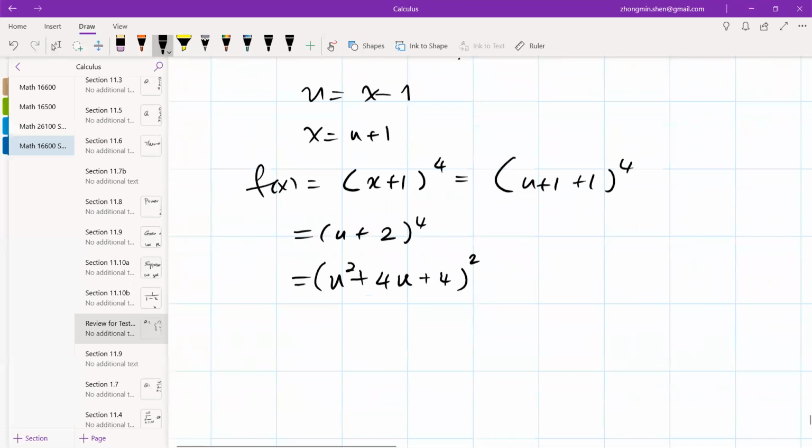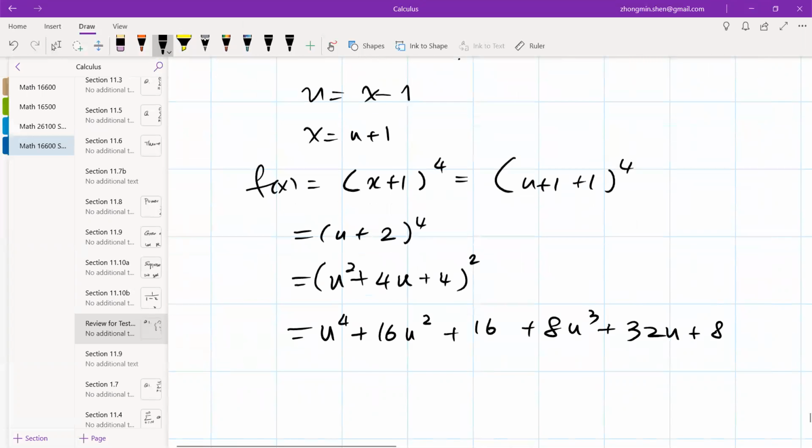Okay. So I get u to the fourth power. You multiply this out, and 16u squared and 16. That's the first part. And twice of that is 8u cubed. Twice of this, 32u, plus 8u squared. Okay.